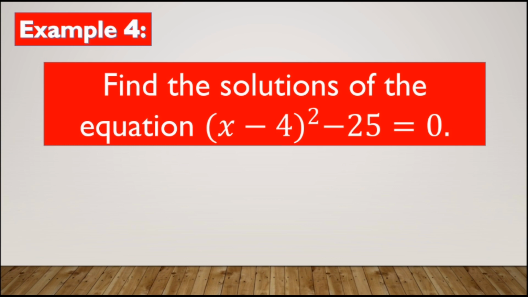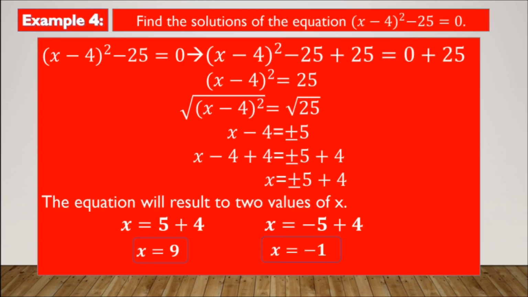Example number 4. Find the solutions of the equation x minus 4 quantity squared minus 25 is equal to 0. First, write the given equation in the form x squared is equal to k. So we have to add the additive inverse of negative 25, which is positive 25, to both sides of the equation.